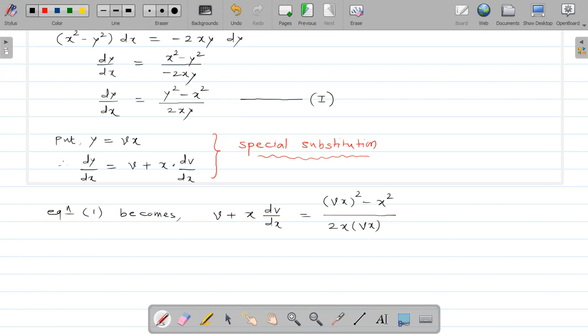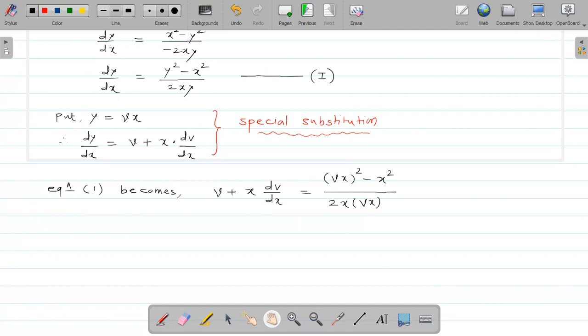So see here carefully, in place of y we have to put vx, remember. Now what will you get after this next step? Just to simplify this, v plus x into dv by dx is equal to v square x square minus x square upon, in the denominator, 2x square into v.